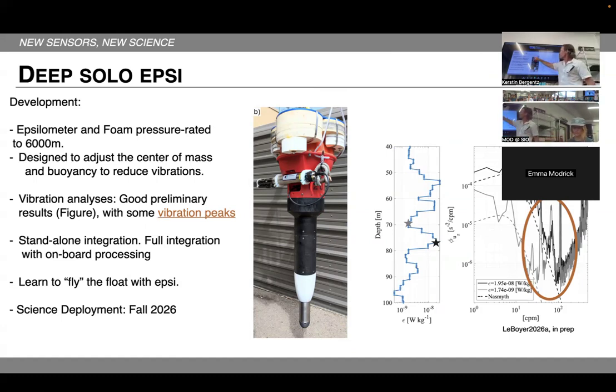So they have this round glass sphere, and then we have taken it and completely transformed it. The red part is what we were given, with the CTD that goes on the side. What we did is add buoyancy and then add this thing, so we made it more or less like one of our turbulence profilers. Now we can make turbulence measurements from these deep Argo floats. We'll be using that a lot in the next year.